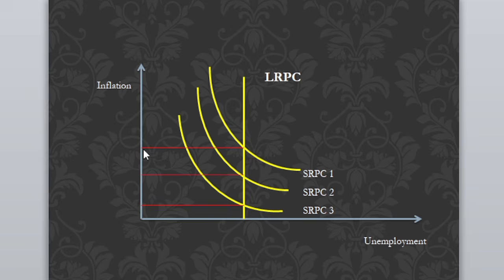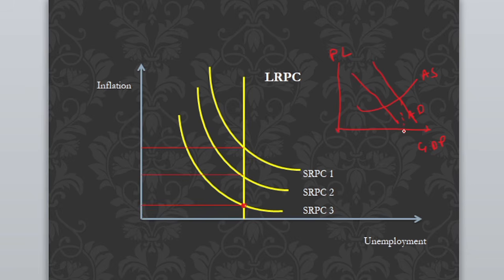So now we'll consider the demand pull and cost push for the long run Phillips curve. GDP and price level curve. We know this was our aggregated demand and this is our aggregated supply. Because of the shift of the aggregated demand, the GDP increased and the employment also increased.